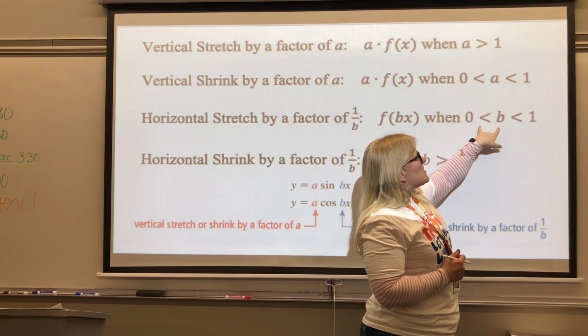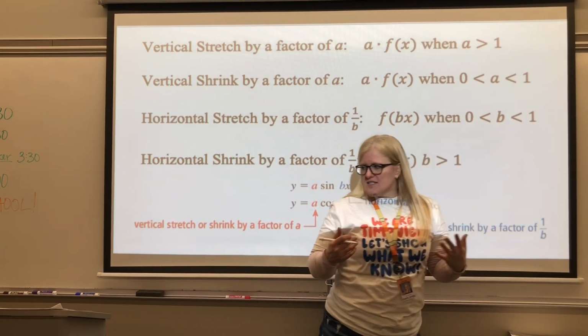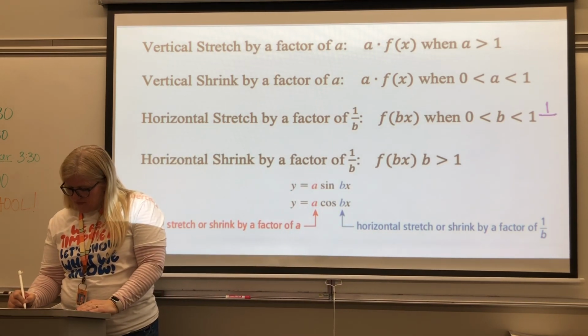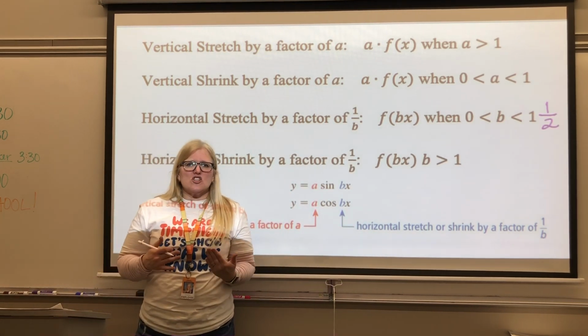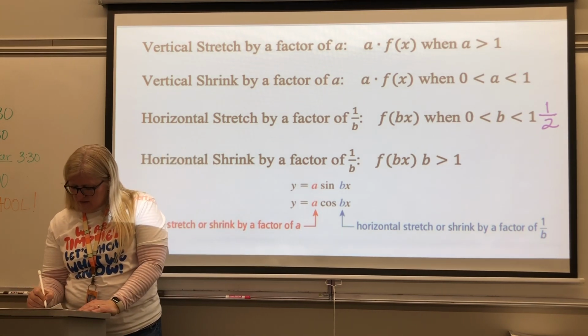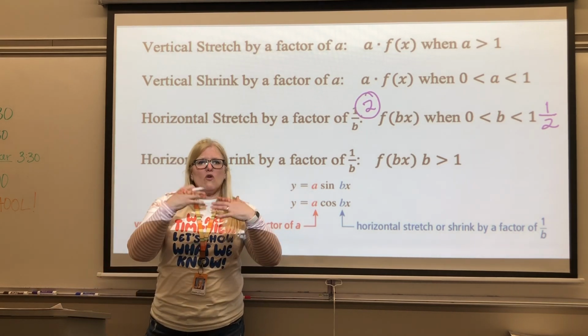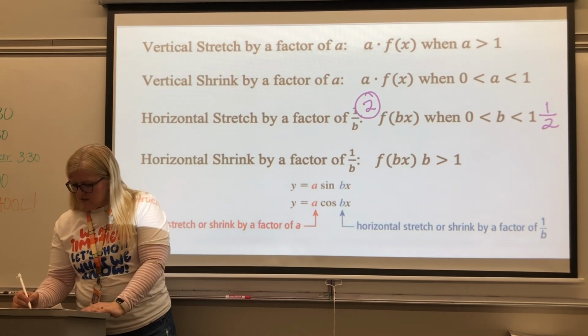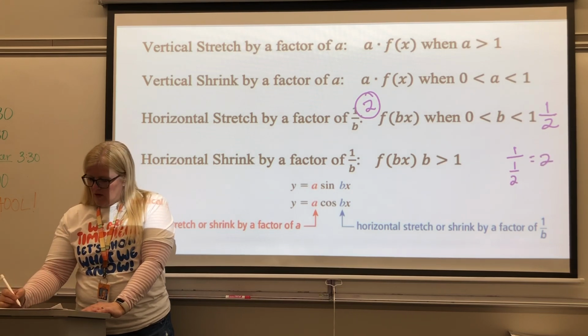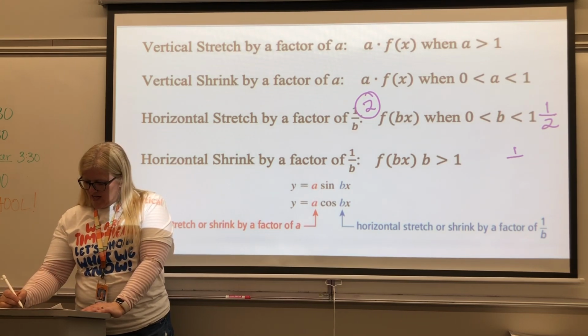Well, if b is between 0 and 1, so let's say it's a half, that's actually a stretch, because when I do 1 over b, it's actually 2. 1 divided by 1 half is 2. So that is actually a stretch.